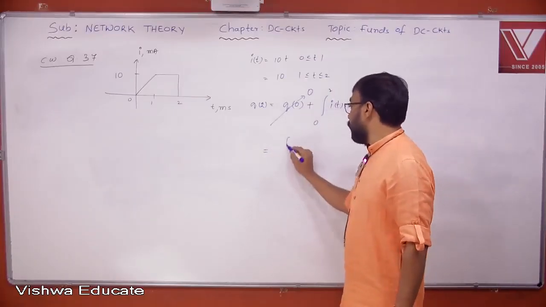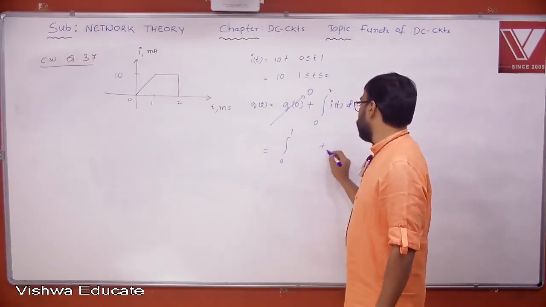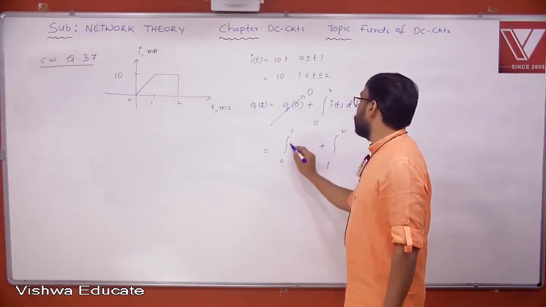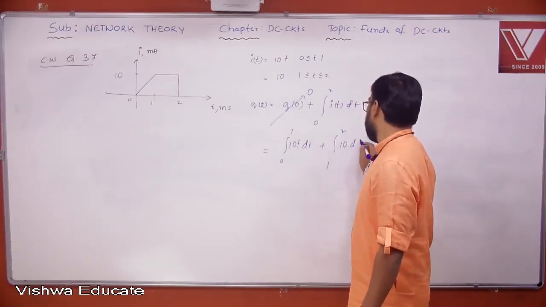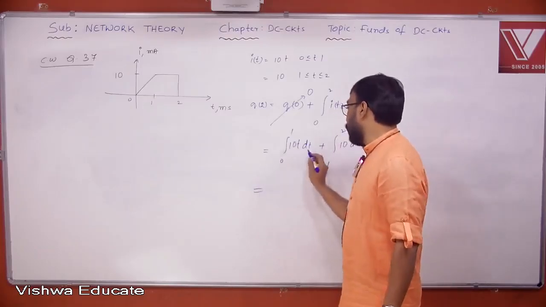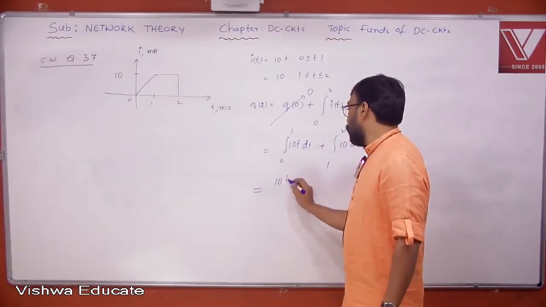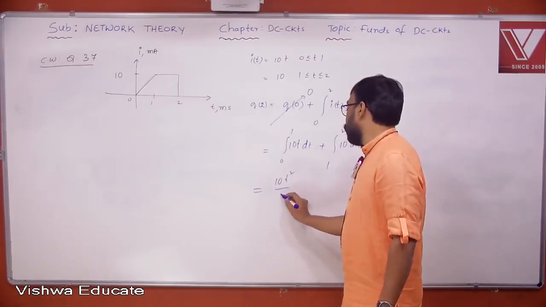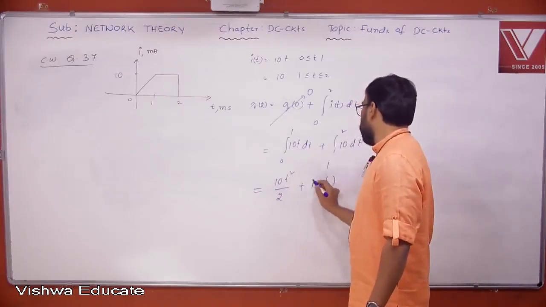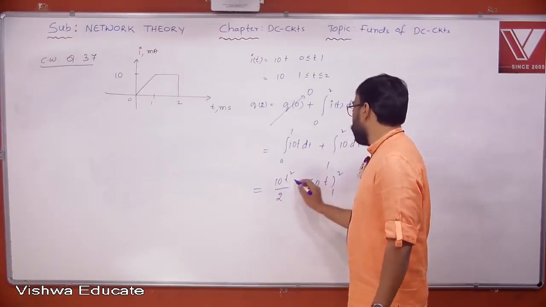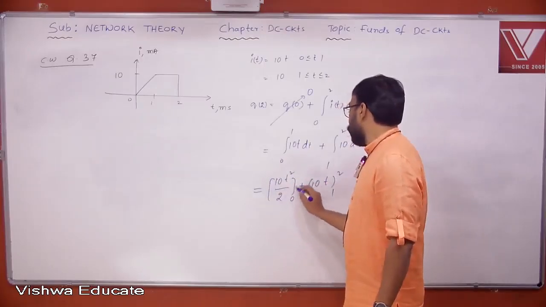Now 0 to 2 can be split into 0 to 1 plus 1 to 2. Okay, this is 10t dt, and this is 10 dt, yes or no? Okay, so 10t dt is nothing but 10t square by 2 plus this is 10t. Okay, this is 1 to 2. This is actually 0 to 1.